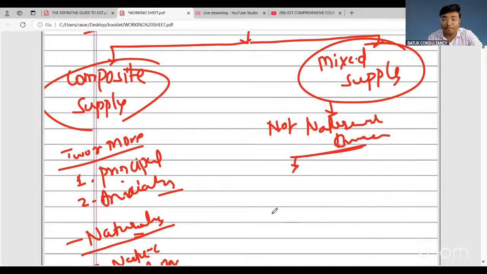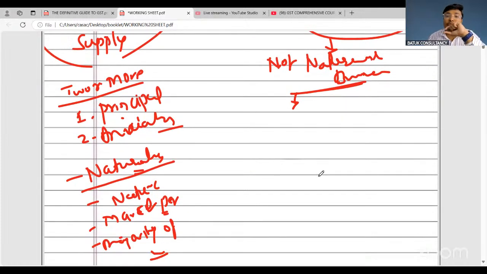And in case of mixed supply, the highest rate of GST will be applicable.